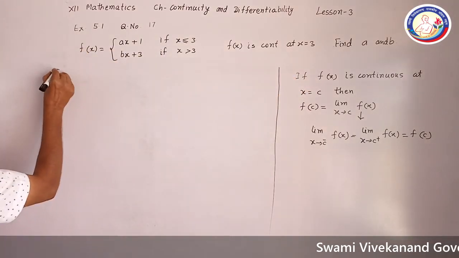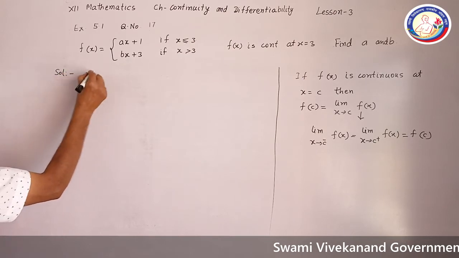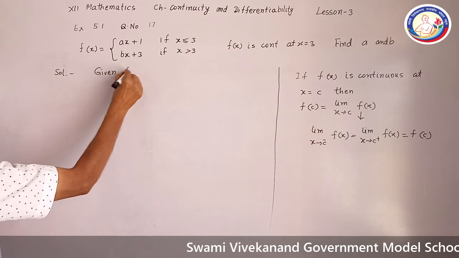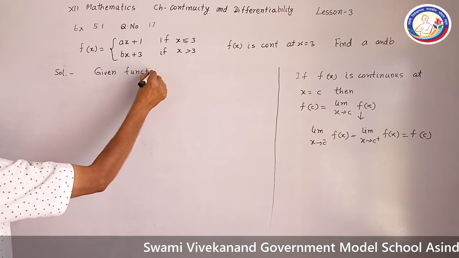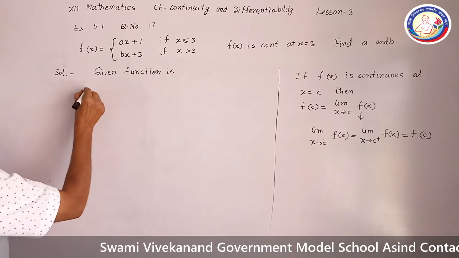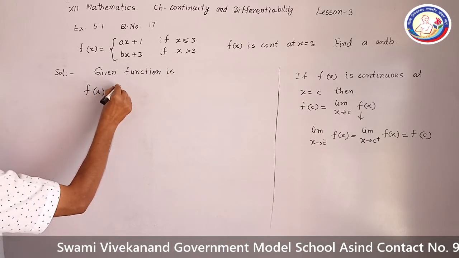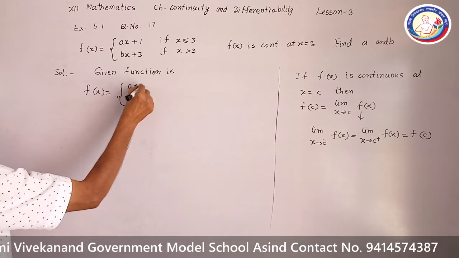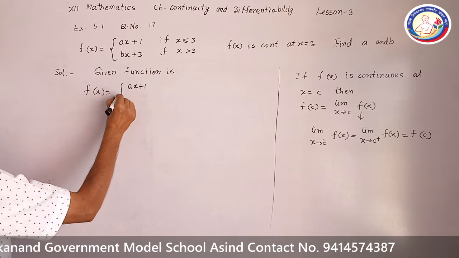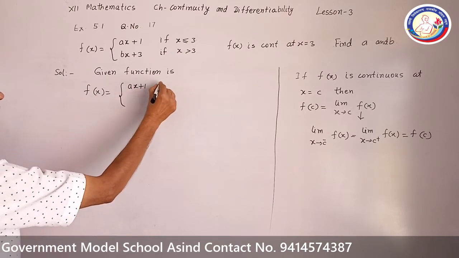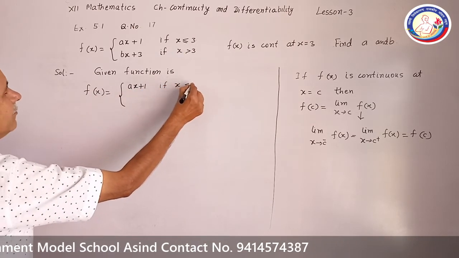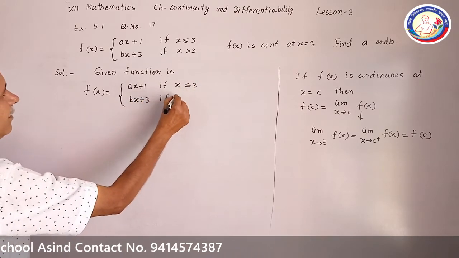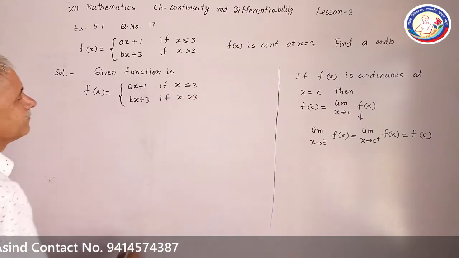First of all, the given function is ax plus 1 if x is less than or equal to 3 and bx plus 3 if x is greater than 3.